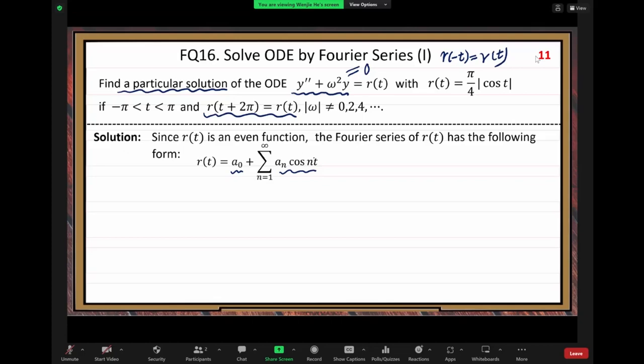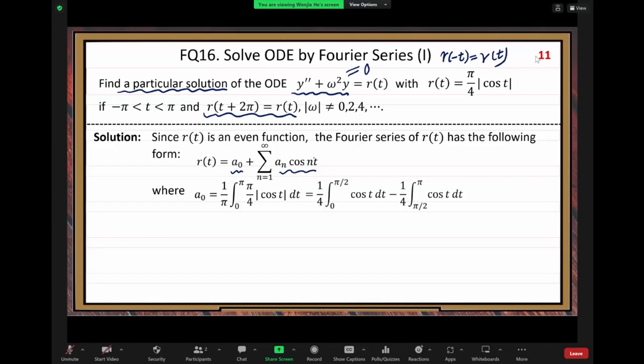Yeah. So let's find all these a coefficients. The first one, we need to find a0 by the given formula. Yeah. So you can find the formula in our notes, in the textbook, easily. Yeah.